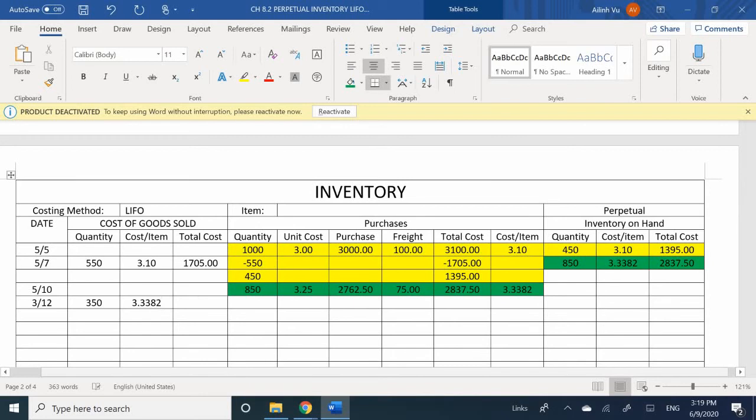Perfect. Let's go ahead and calculate that. It should be $1,168.37. $1,168.37 is what I got too.